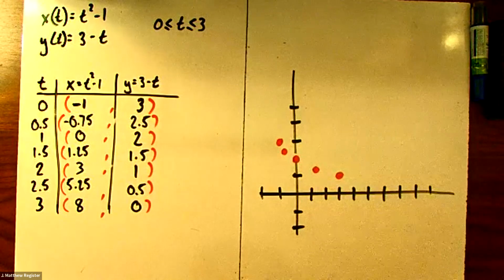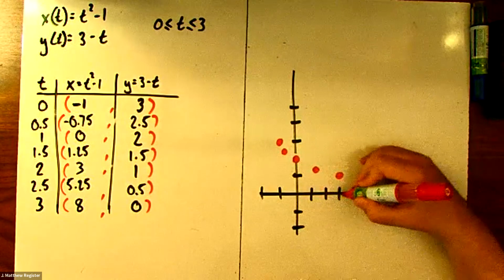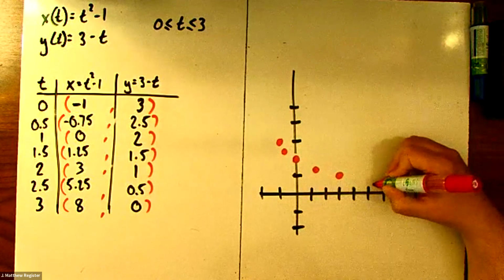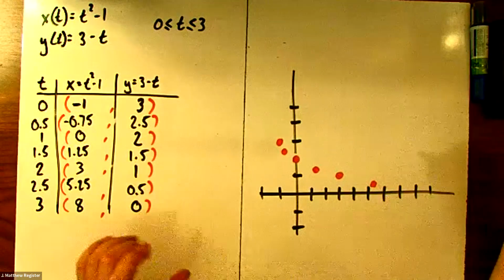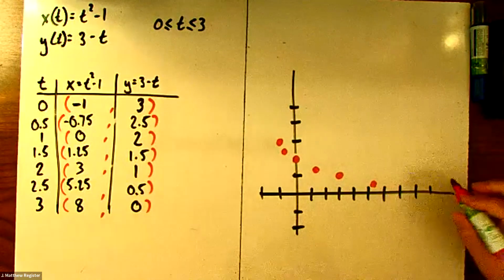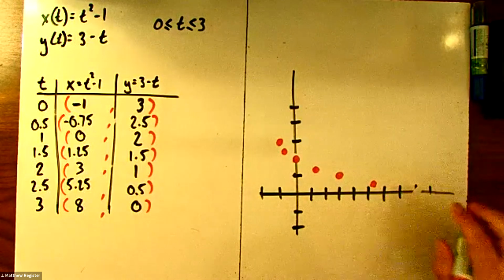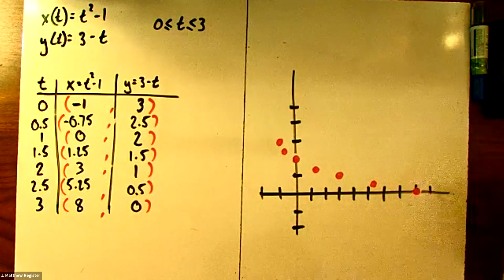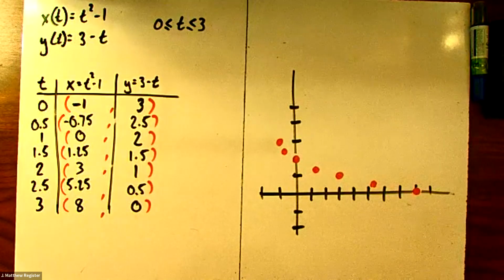Then 5.25 and 0.5. So 1, 2, 3, 4, 5.25 and 0.5. And then 8 and 0. So 8 and 0, 1, 2, 3, 4, 5, 6, 7, 8, and 0. There we go.